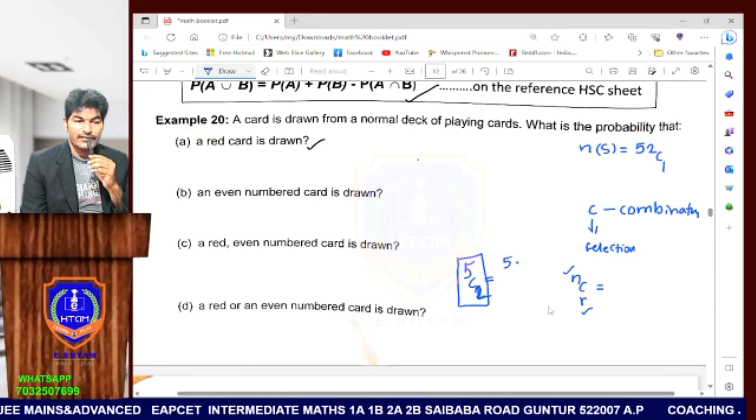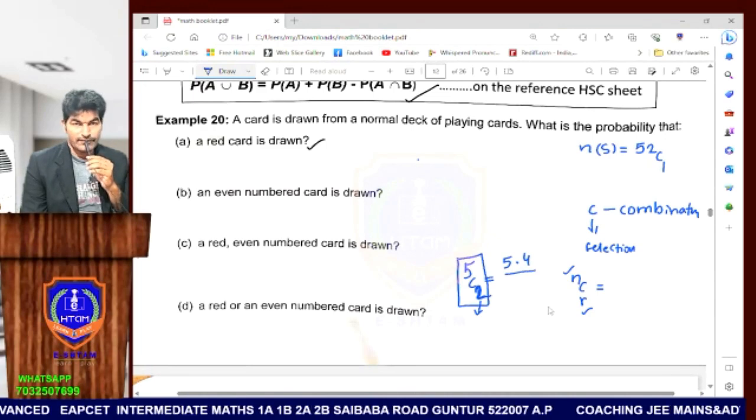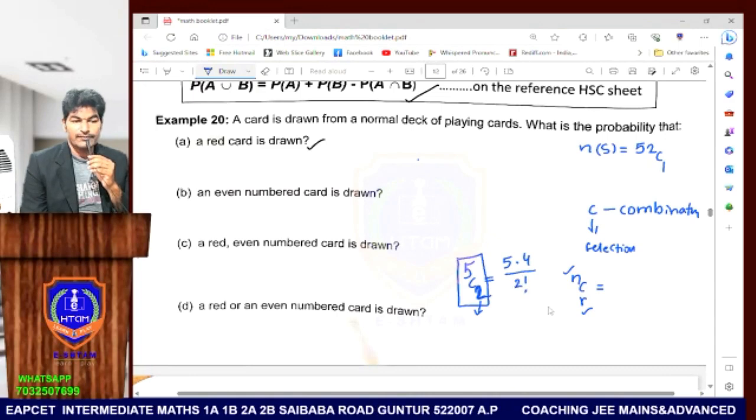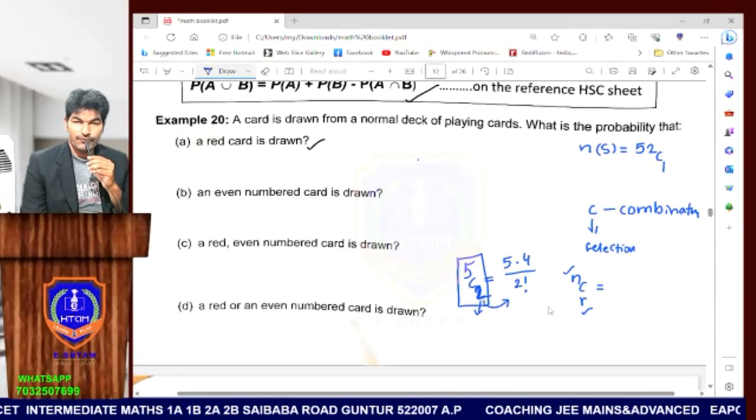How many factors? It is indicated by the bottom number, 2. So including 5, you have to write 2 factors, that is 5 into 4, and divide by 2 factorial.